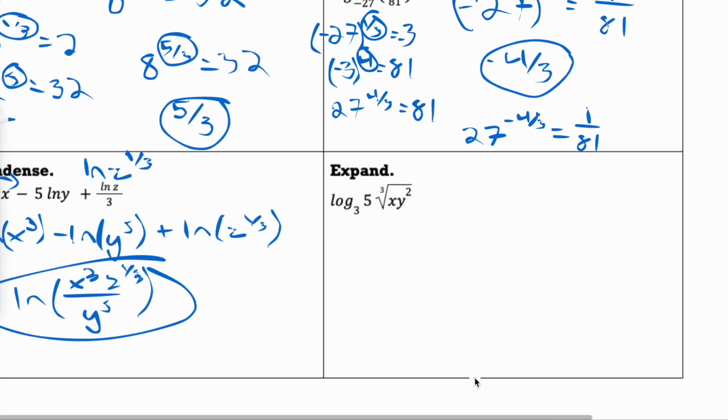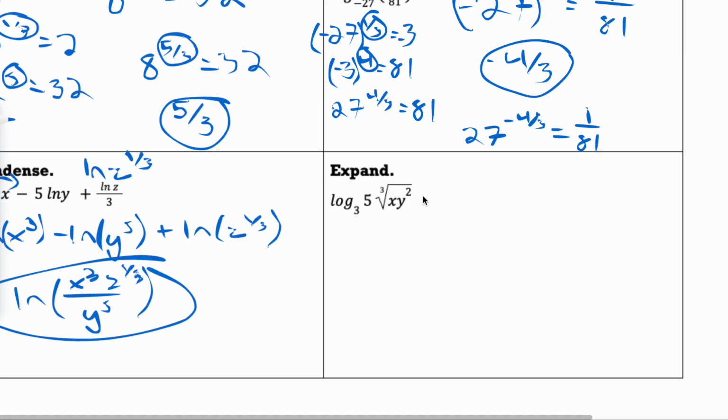Okay. Here we're asked to expand log base 3 of 5 times the cube root of xy squared. First thing we want to do is we have this 5 and it sort of feels weird, right? We can't do anything with this cube root yet until this 5 is away.